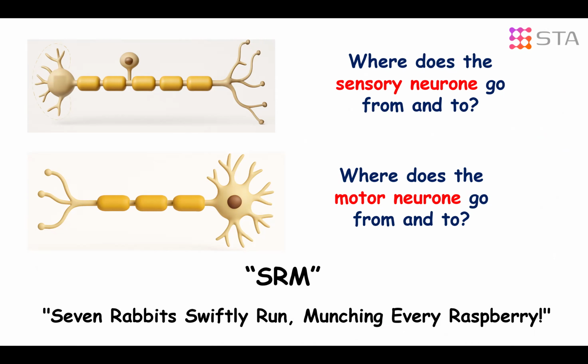R, rabbits, for receptor. S for swiftly, or sensory neuron. R for relay neuron. M for motor neuron. E for effector. R for response. 7 rabbits swiftly run, munching every raspberry.